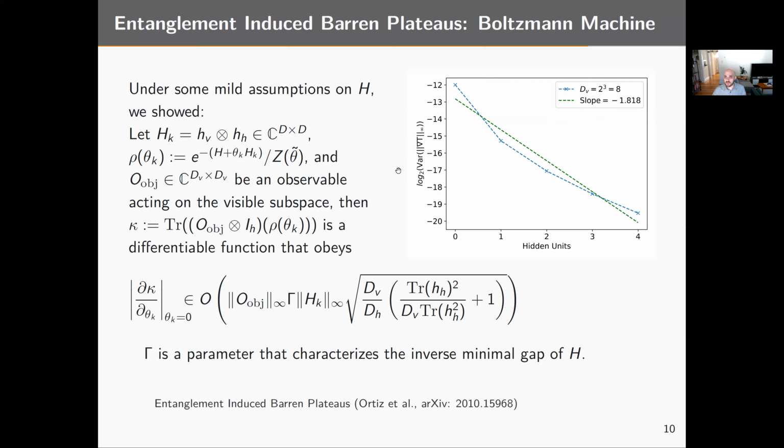For states with a fixed visible dimension, we started to increase the number of hidden units, and again we see a decrease in the gradients as predicted by our theorem here. So as we increase the number of hidden units, our gradients get smaller, which is what we should expect.